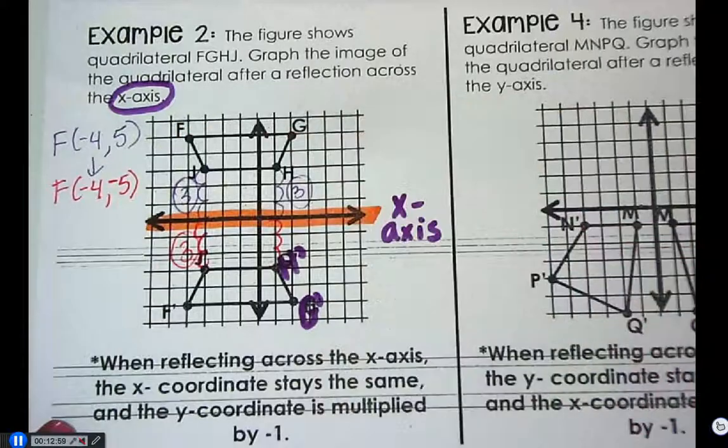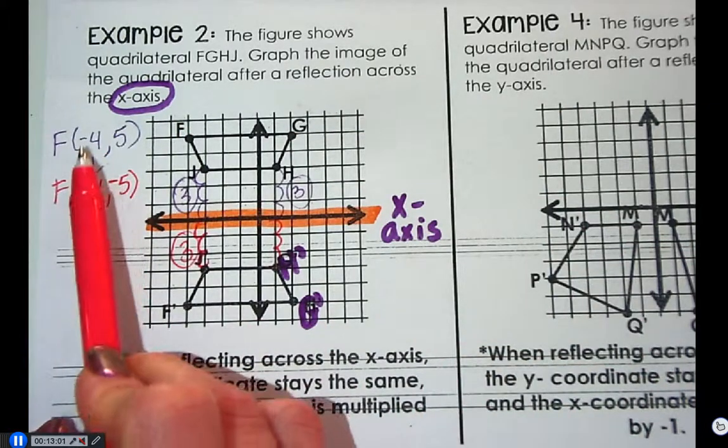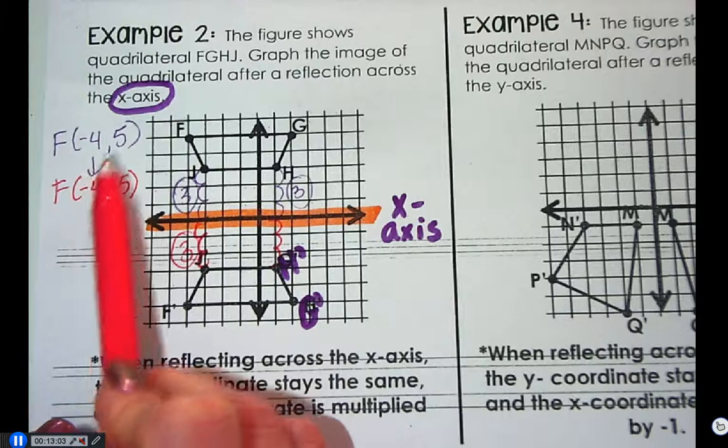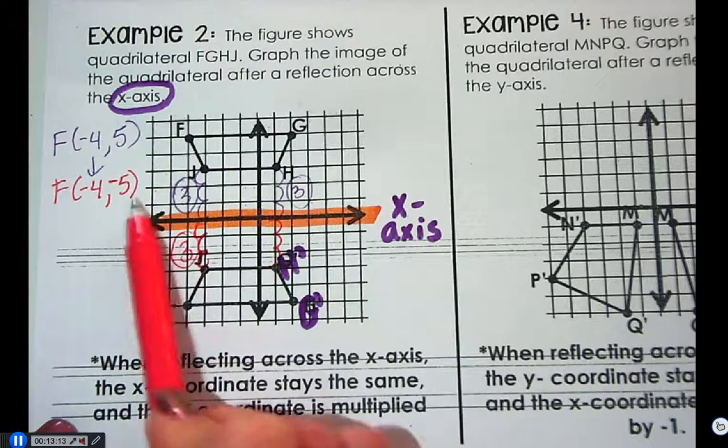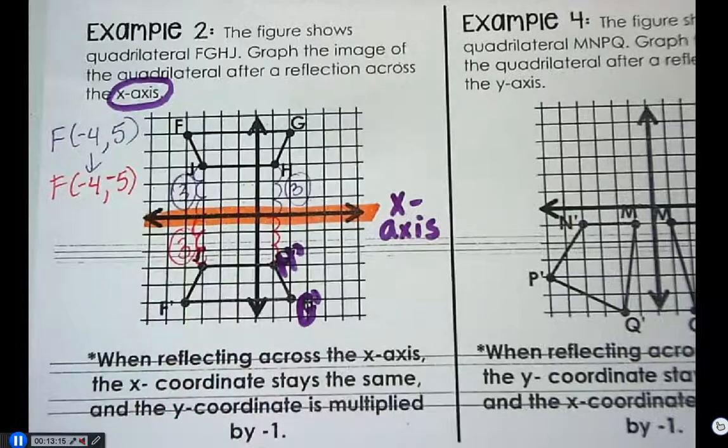You see that? So the x value stays the same, and the y value becomes the opposite. It's multiplied by negative 1. You see that? When it flips over the x, are you writing this down? What I just wrote down right here? Wow, you guys are faster than me.